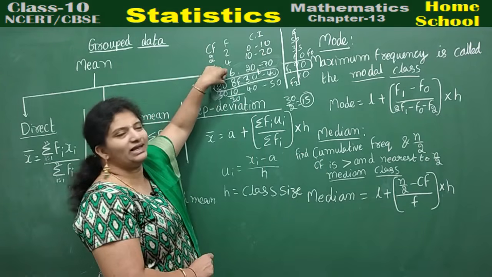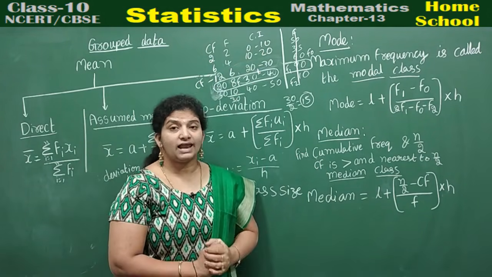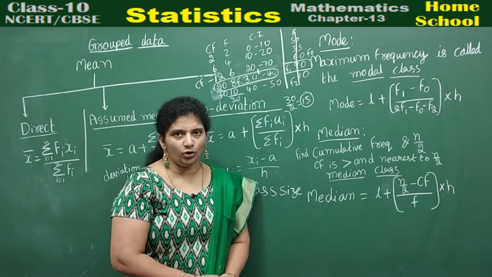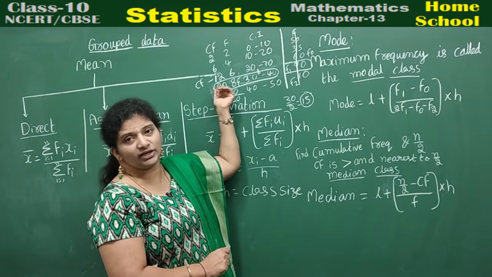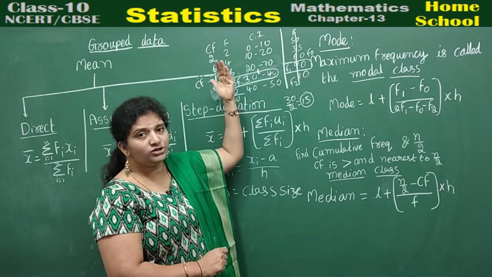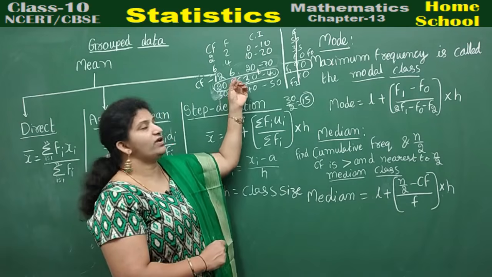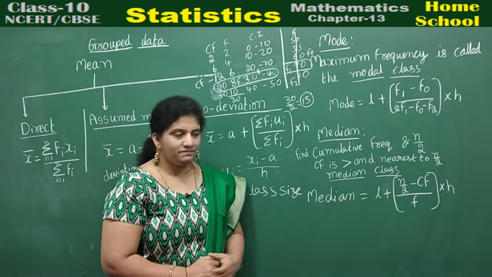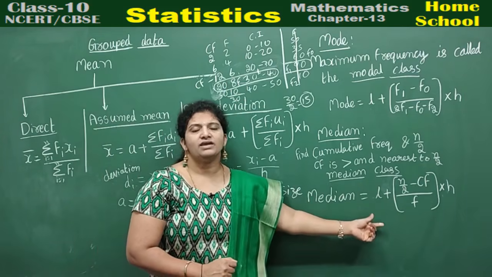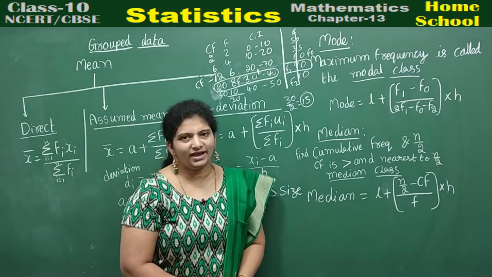The number 15 comes after 12, so select this as the median class. Selecting the median class is very important. Then the lower limit L, then cumulative frequency, don't take 20. The preceding value above it you need to take. F is the frequency in the median class, H is the class size. What is the median formula? L plus n by 2 minus CF by F into H.